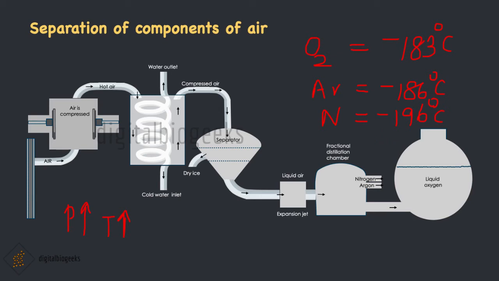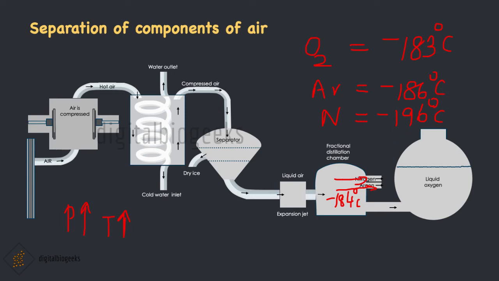If we keep the temperature of the column around minus 184 degrees centigrade, then what happens? The argon and nitrogen will vaporize and can be collected through the outlet. This is argon outlet and this is nitrogen outlet.